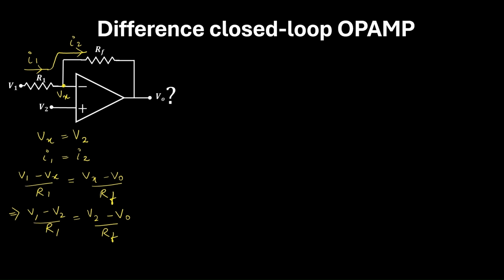Now you can pause the video and do the calculation, and you can find the final expression for V0, that is the output. This is equal to 1 plus RF by R1 into V2 minus RF by R1 into V1.